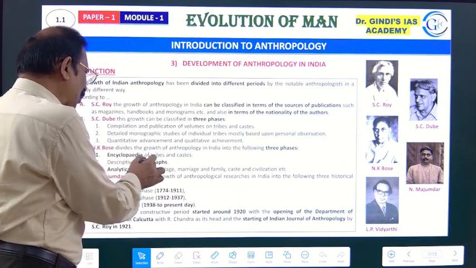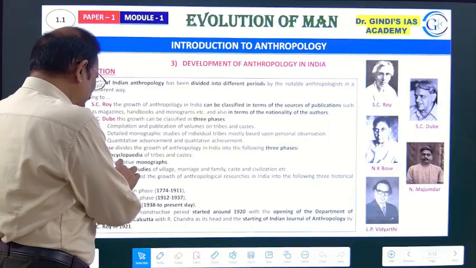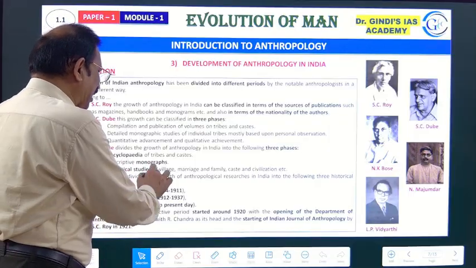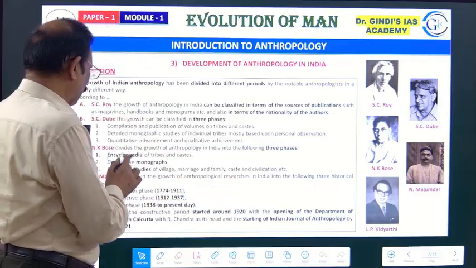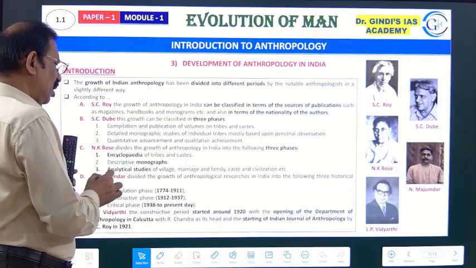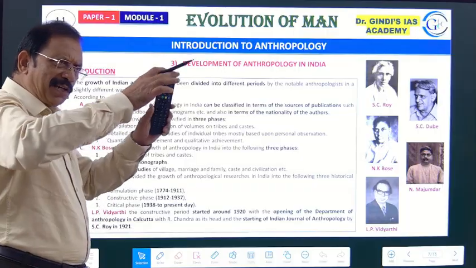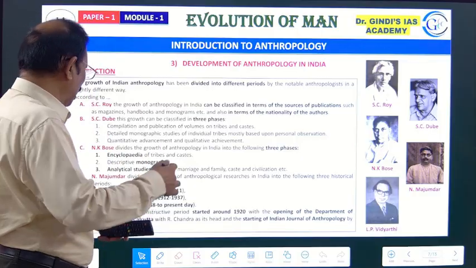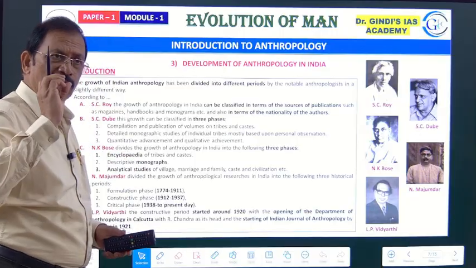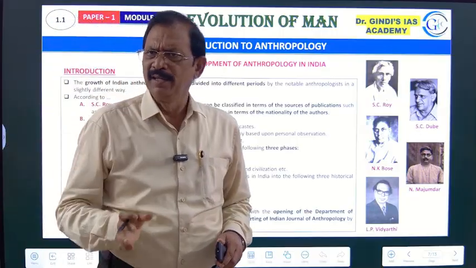So, encyclopedia of tribes and caste, then description of monographs and analytical studies of village, marriage, family, caste, civilization. So, first, as per N.K. Bose, encyclopedia means the collective comprehensive information on tribes and caste started. After that, the second stage of descriptive monographs, descriptive means everything they have described in detail.